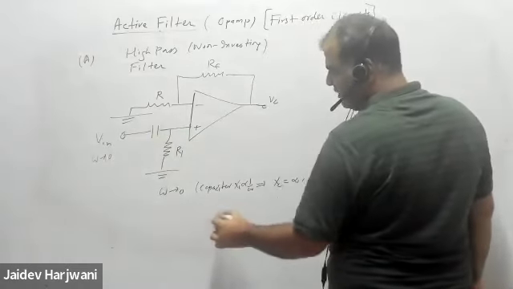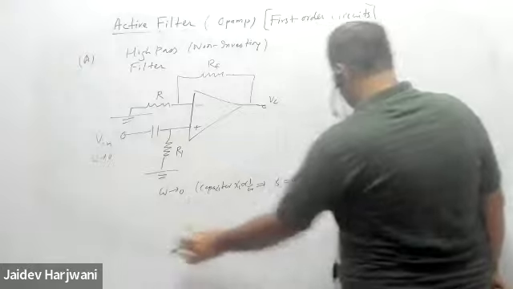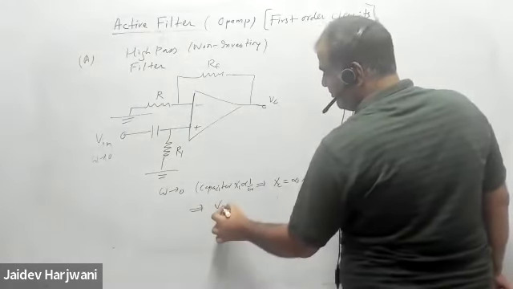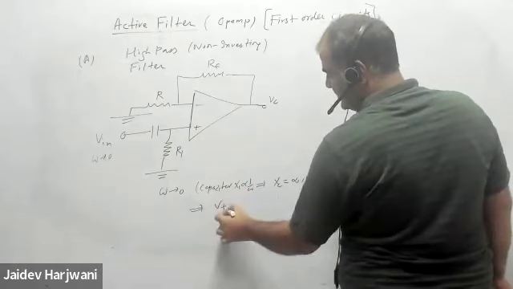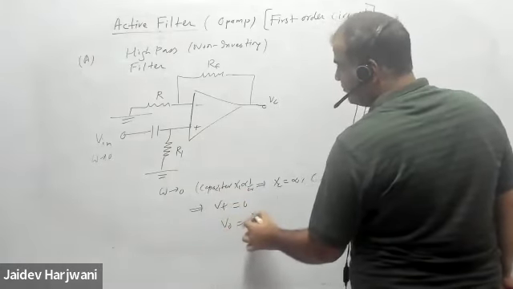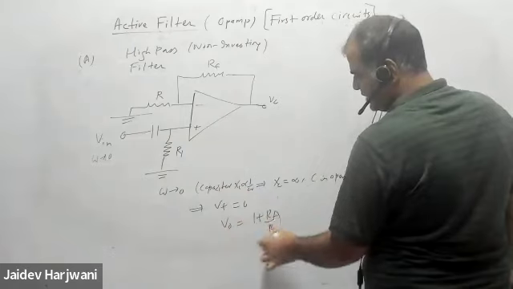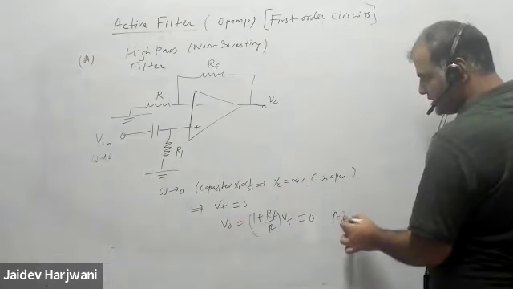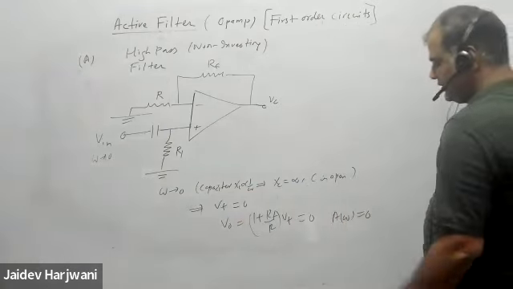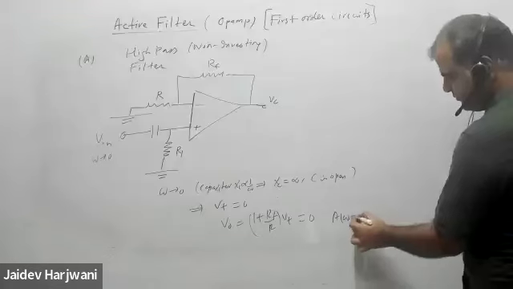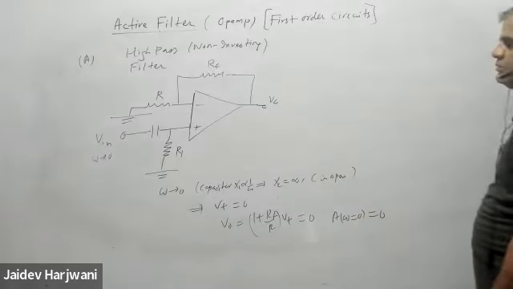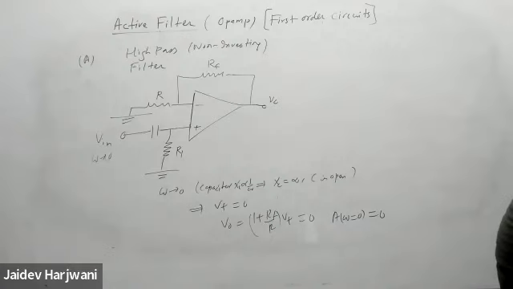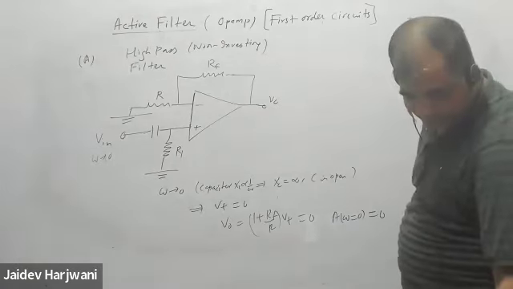So automatically V plus is 0. V output is 1 plus RF upon R times V plus, and V plus is 0, so the gain is also 0. Gain at 0 frequency is 0. This is the direct check, and now we'll derive the formula and see what happens.